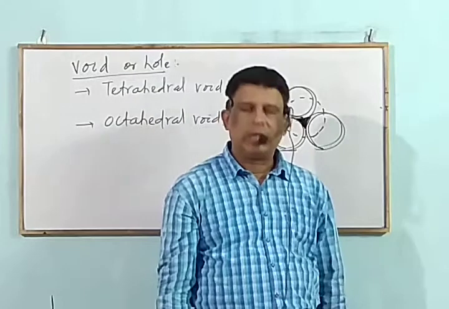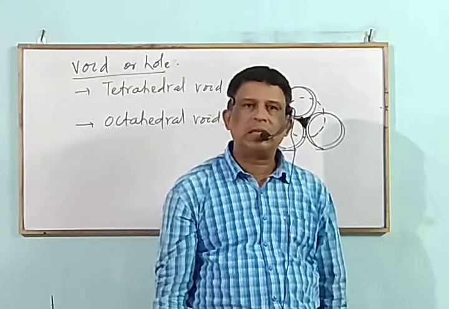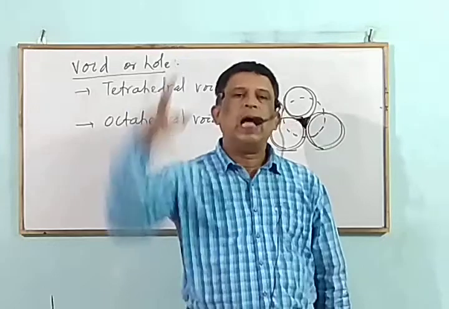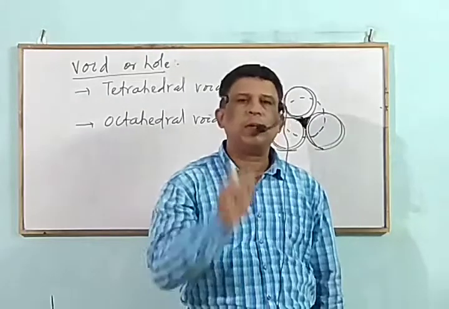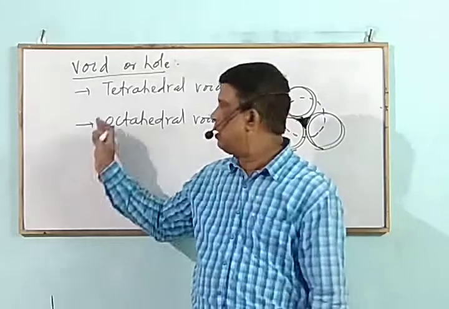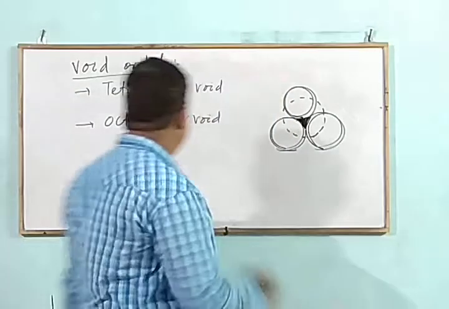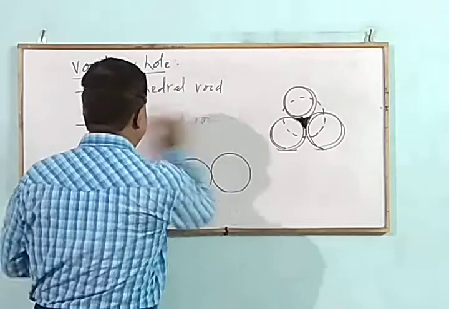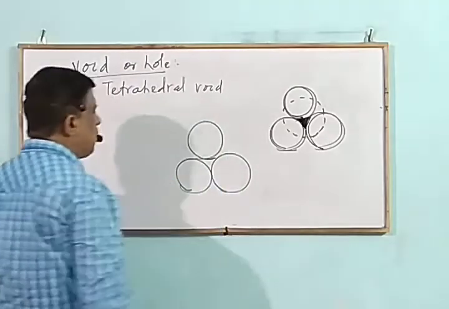Next is octahedral void. Similarly, this type of void is placed between six spheres, three spheres at the bottom and three spheres at the top. In between the six spheres, the empty space is formed, that is known as octahedral void or octahedral hole. Mark that. I draw three spheres with a closest approach.